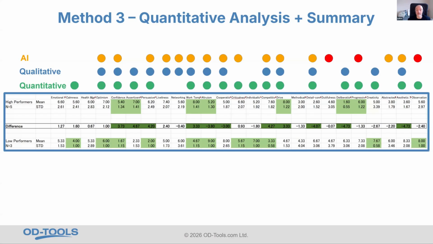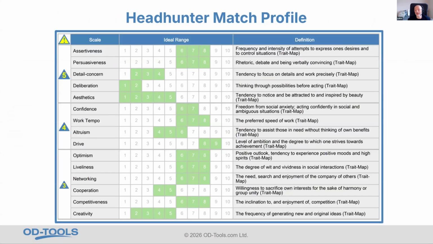So here is the link to the article which describes this method in more detail. And at the end, we selected the qualitative approach. And this is the ideal profile that you find currently in our system.